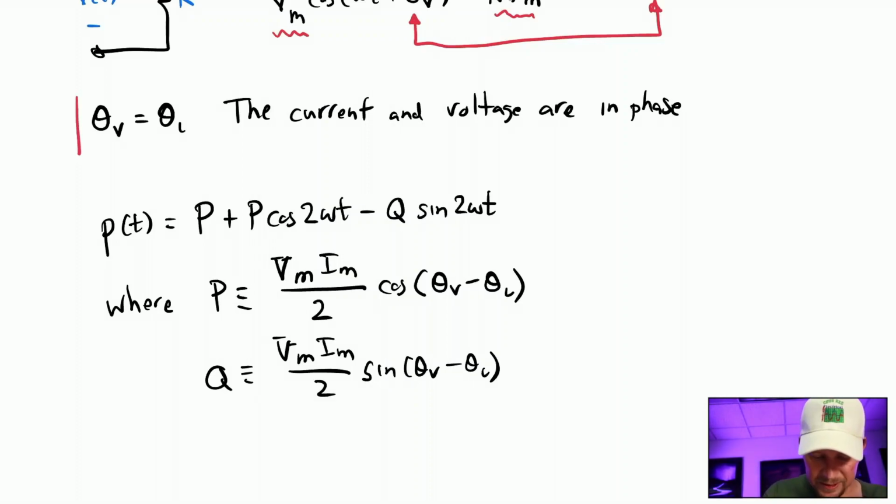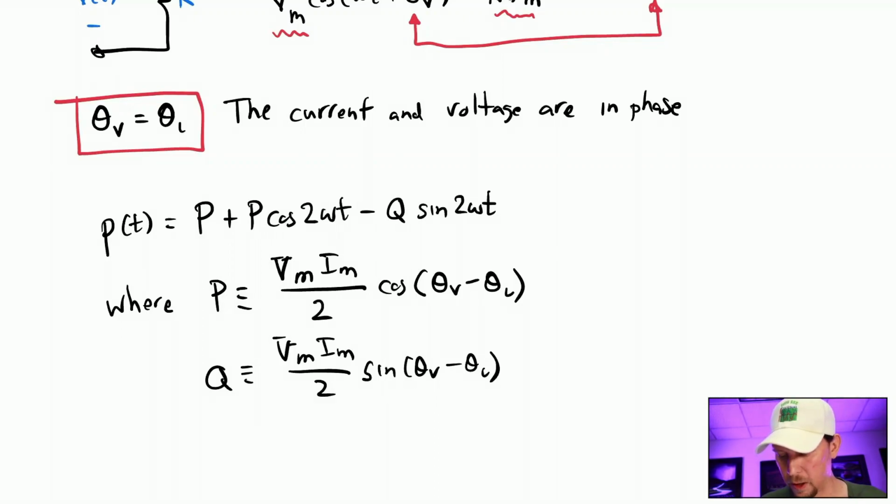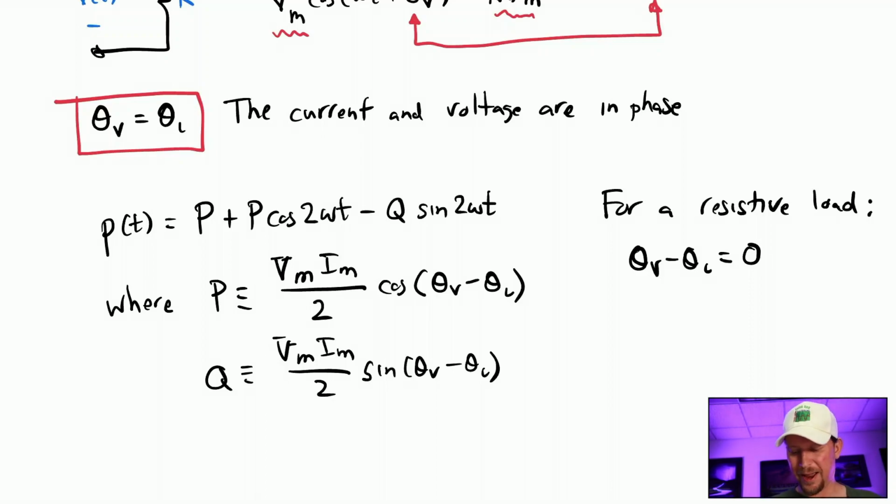But this must be true. Since this is a purely resistive load, and since these are in phase, theta v minus theta I must be 0. And the cosine of 0 is 1.